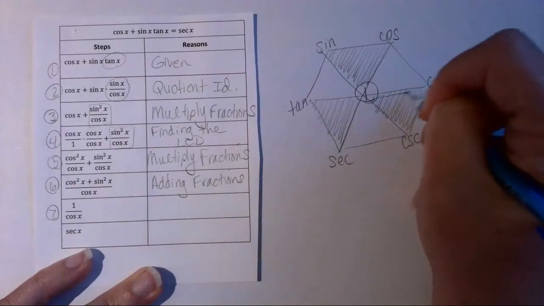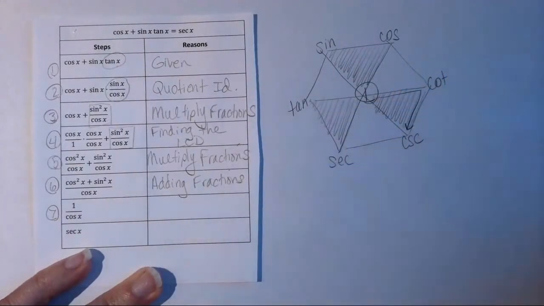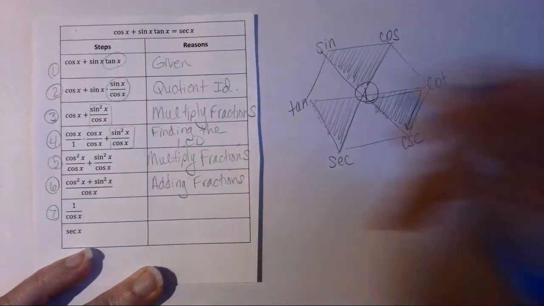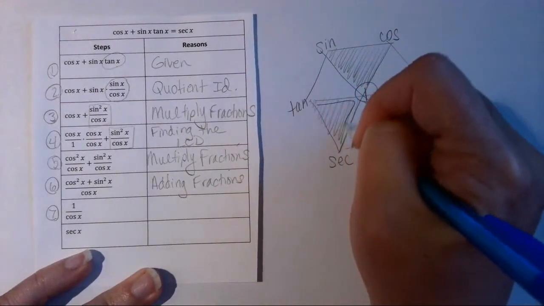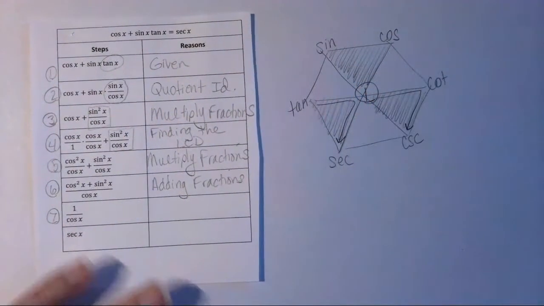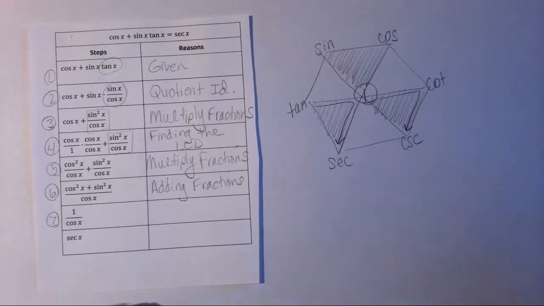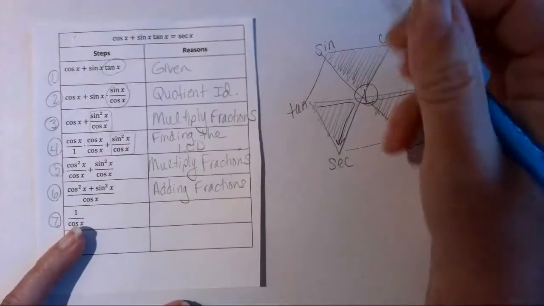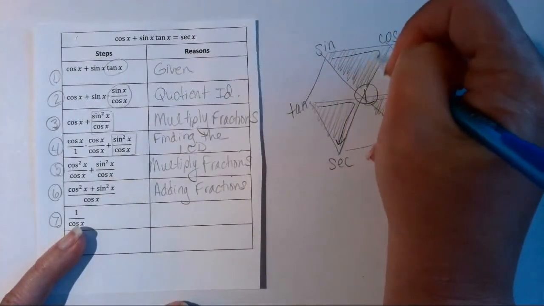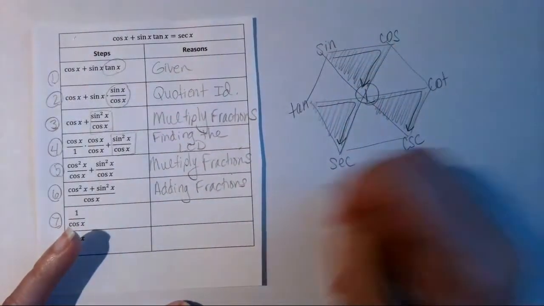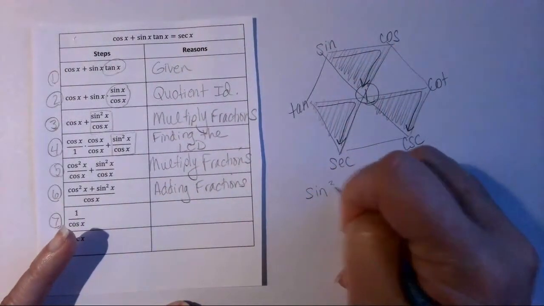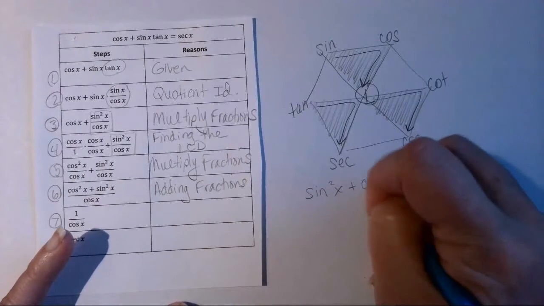So 1 plus cotangent squared equals cosecant squared. That's a Pythagorean identity. Tangent squared plus 1 equals secant squared. That's another Pythagorean identity. And then the one that we're going to refer to is that sine squared plus cosine squared equals 1. That's another Pythagorean identity.